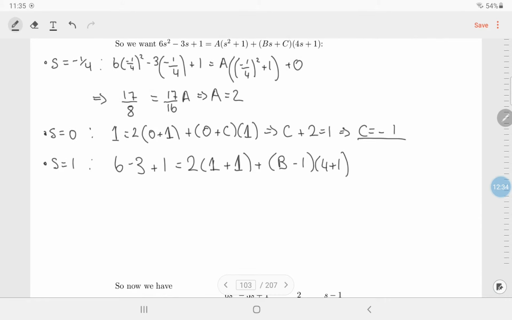So we'll tidy this up a little bit. I'm going to work on the right hand side. So I have 5 times b minus 1, plus 2 by 2 is 4. 6 minus 3 is plus 4.